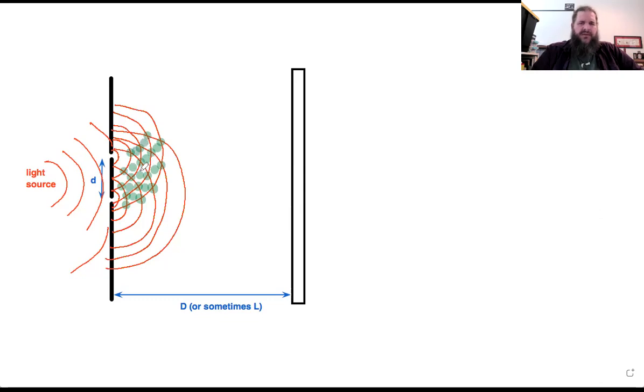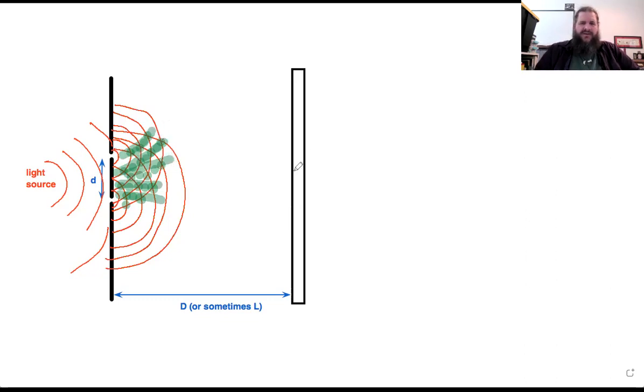And we end up with these sort of bands of constructive interference. Like this entire line is going to be constructive. This curve is going to be constructive. This curve is going to be constructive. So we get these constructive zones. And then in between, we're going to have destructive zones. So we get this alternating pattern of constructive, destructive, constructive, destructive.